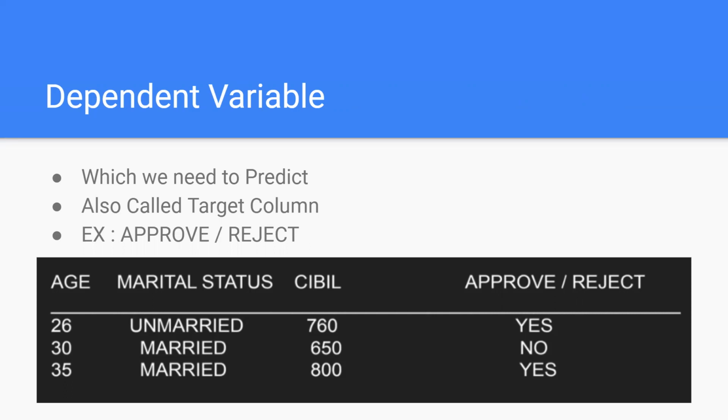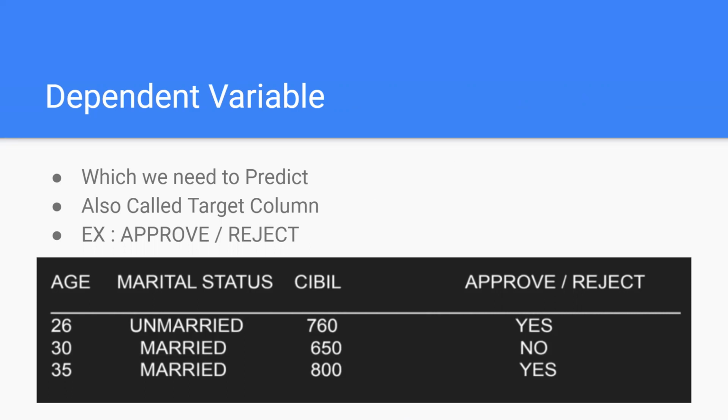For example, in this data set, the approve or reject column is the target variable because we need to predict this.